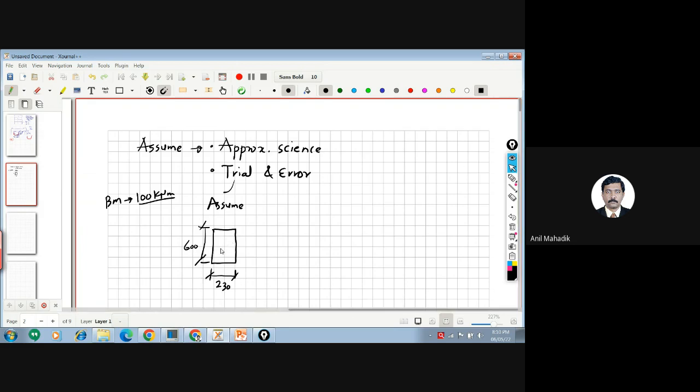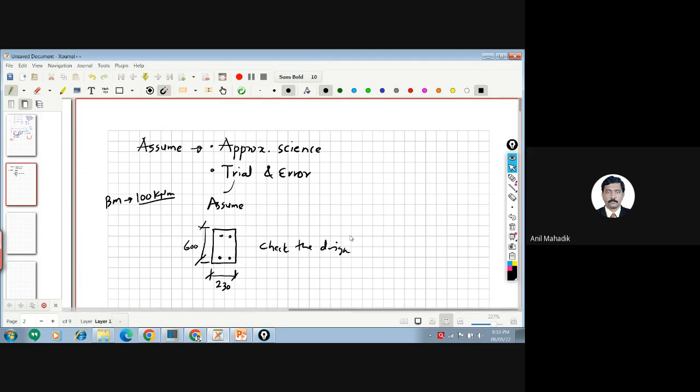You assume this size, put in this bending moment, and check the design first. If this size is sufficient for the design, then you will put the steel into that, whatever is required. So this is assuming the size and then checking the design.